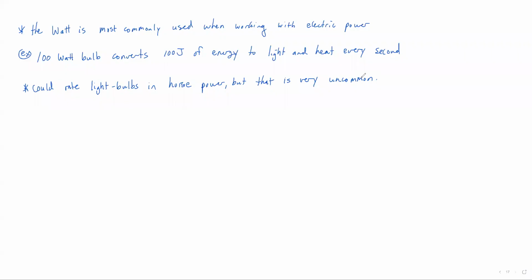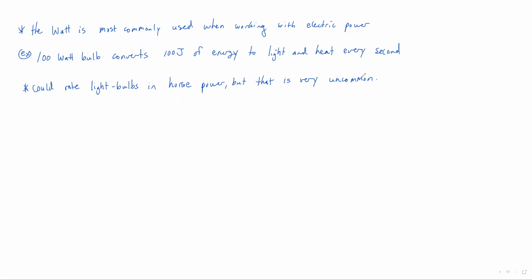The watt's used with electricity. I mean, you look at your electric bulbs, right? Electric bulbs are measured in watts. So just a couple pointers about this. An example of the watt where it's most commonly used with your electric power is with the bulb. So what does the wattage of a bulb mean?